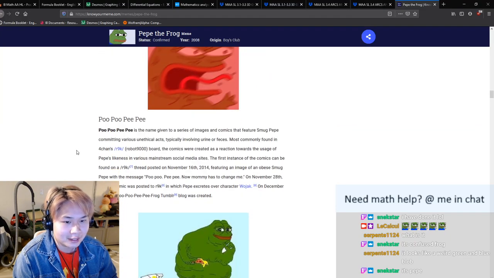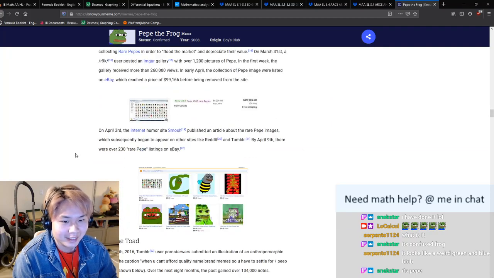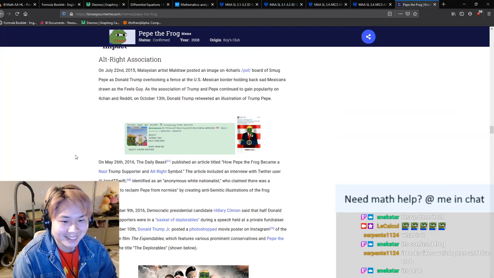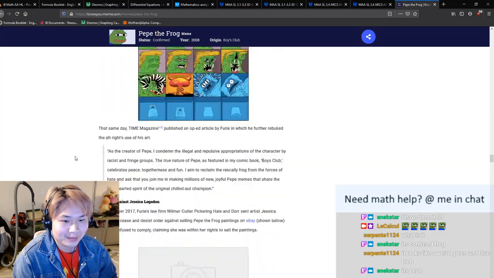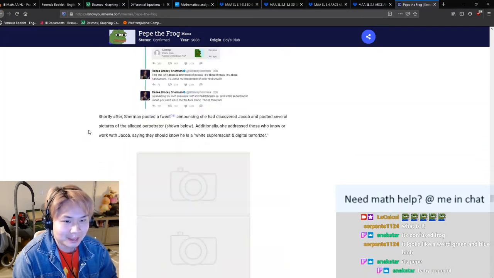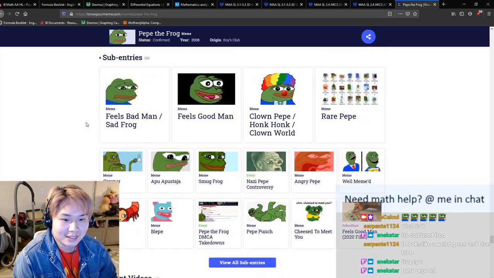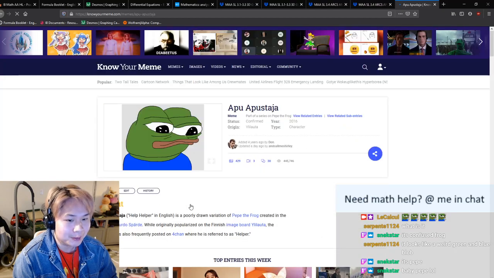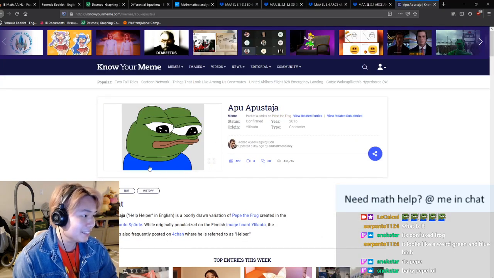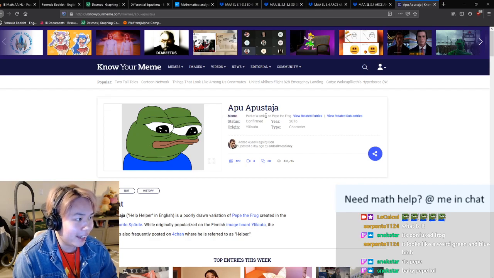There better not be anything super inappropriate on this page. But like, Baby Pepe's something else. I forget his name, but he has a different name. Oh, right here. Apu. This is Baby Pepe. His name's Apu. Apostaja.